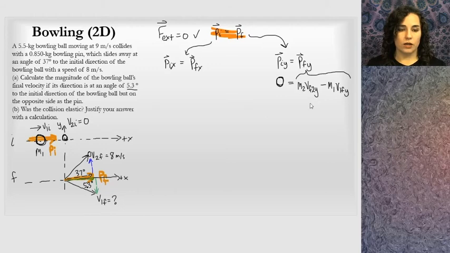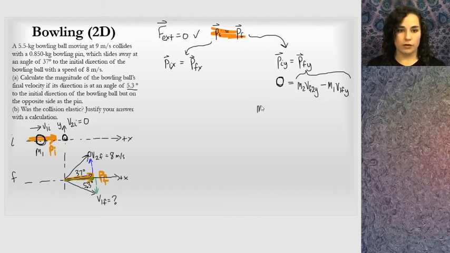So we're going to solve for this. I'm going to set them equal to each other, and I'm going to put in some trig functions while I'm at it. The y component here, I can see it's the opposite from the 37. Same with the 5.3, the y component is the opposite. So these components will have sine of the angles in them.